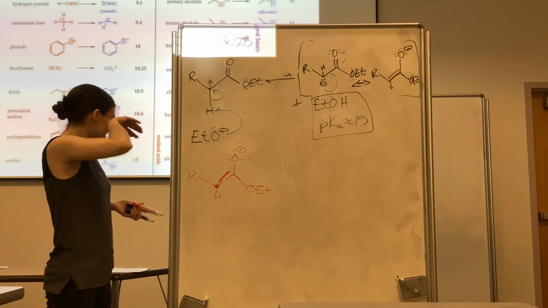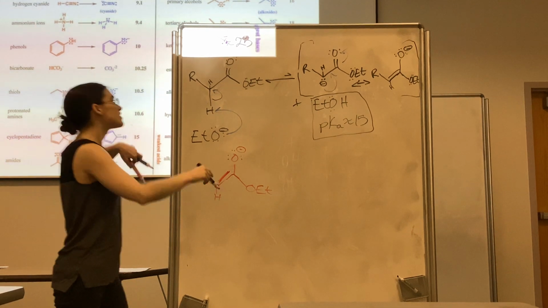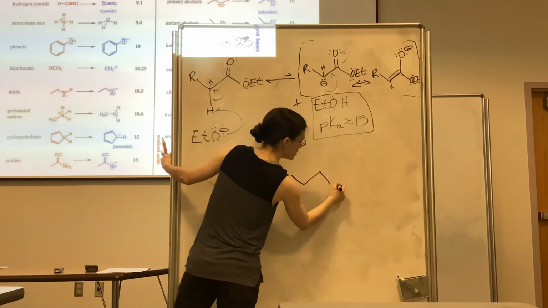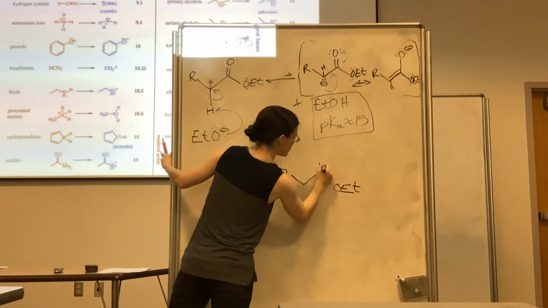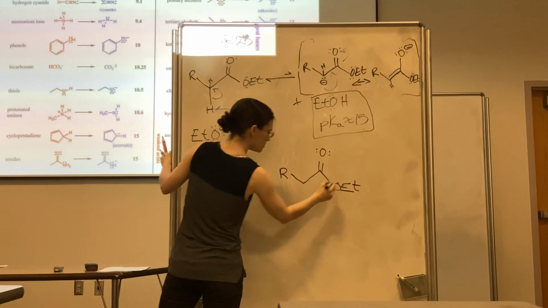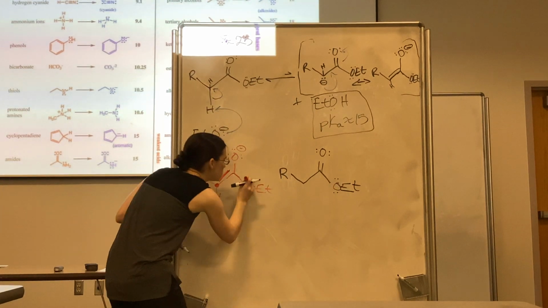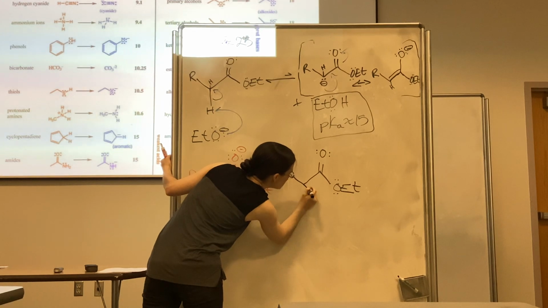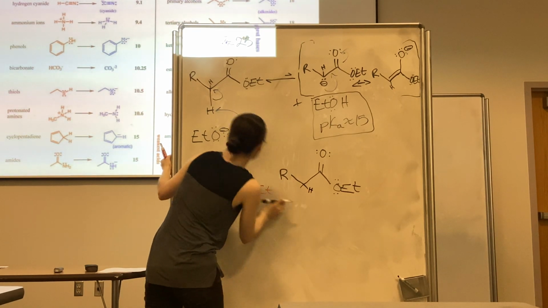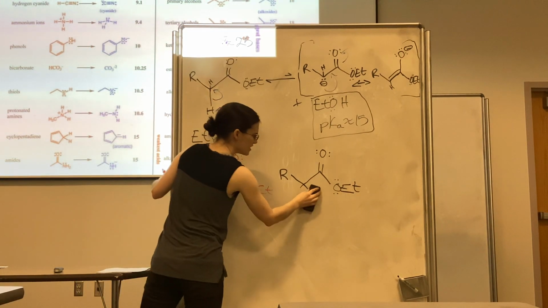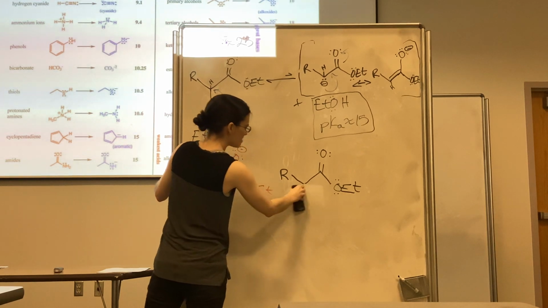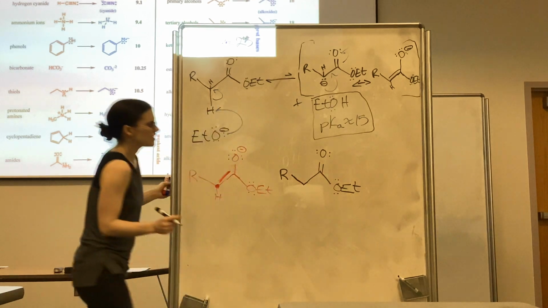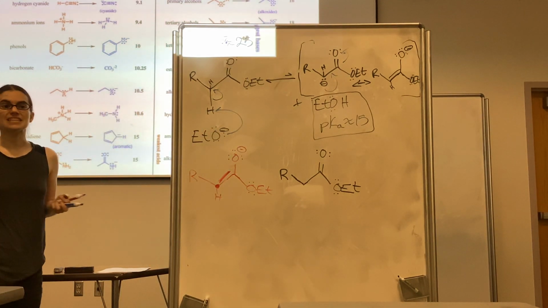We've got this, and some part of this is going to act as the electrophile, namely this carbon using these electrons. And then we've got another mole of the same ester. This guy is not going to do any enolate things, so for now, let's not worry about that. All right, so now we've got this.